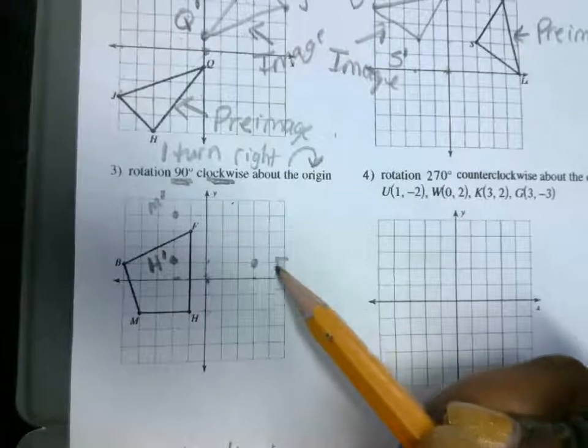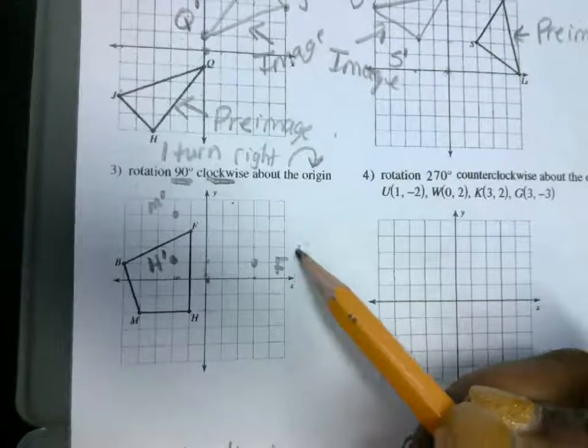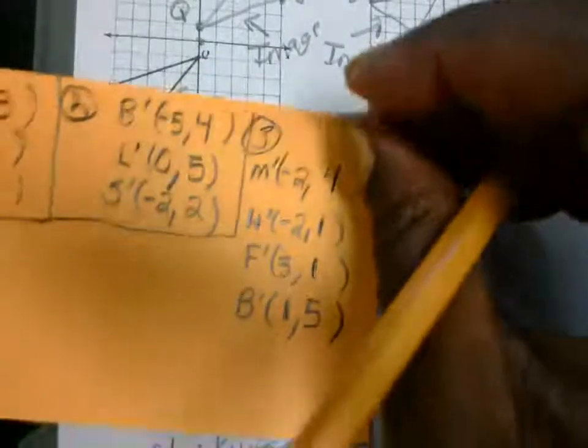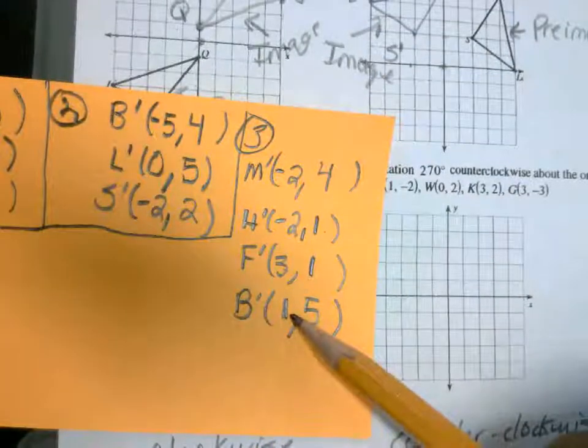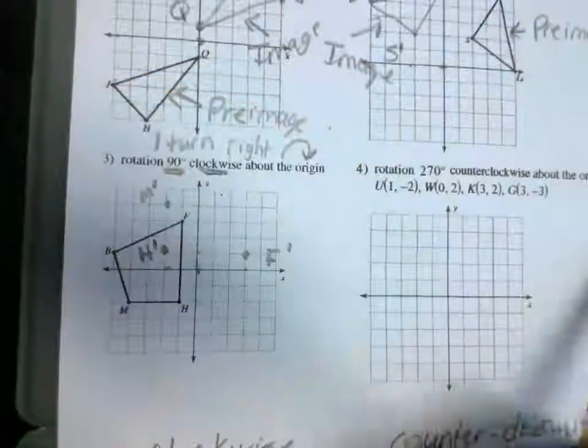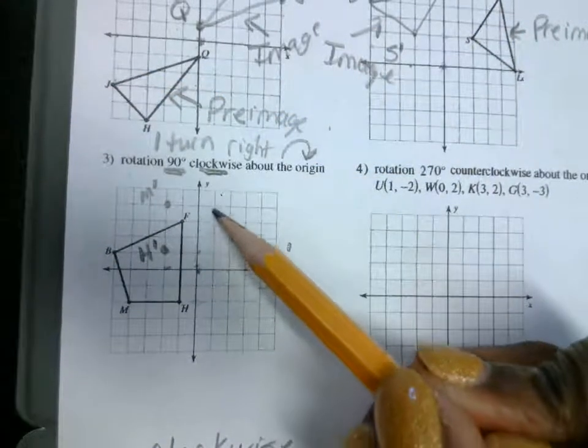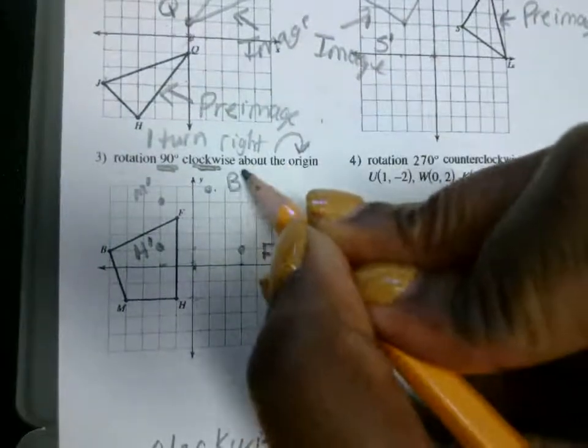This is F prime. And then B is to the right 1 and up 5. Right 1 and up 1, 2, 3, 4, and 5.